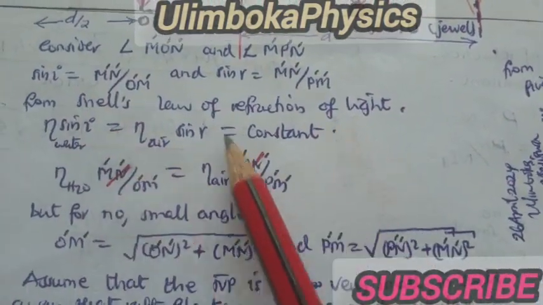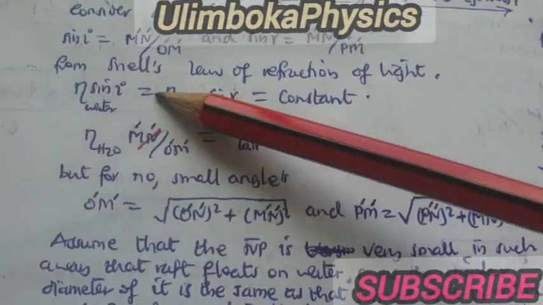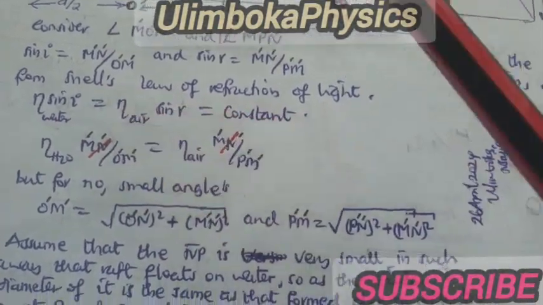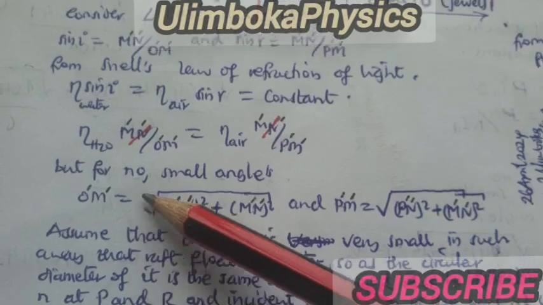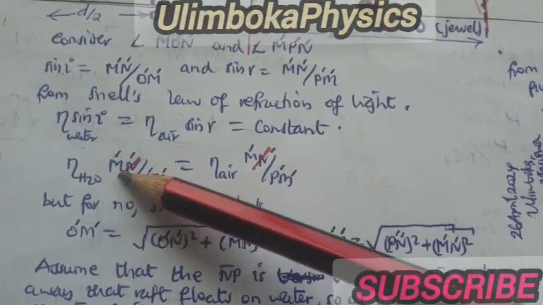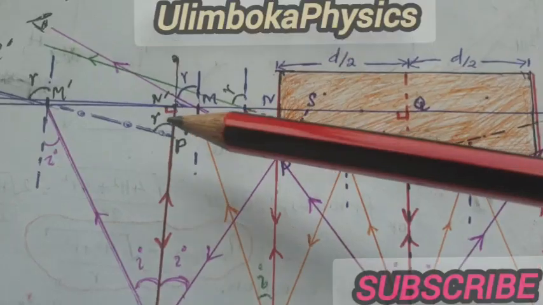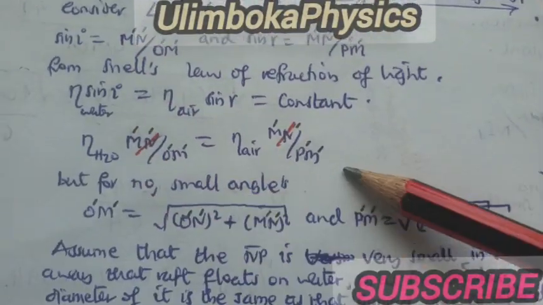Consider Snell's law. As you can see, the incidence is within the water and the refracted ray is in the air medium. Now we take the hypotenuse downward, and the opposite is common for this triangle, and it cancels out.